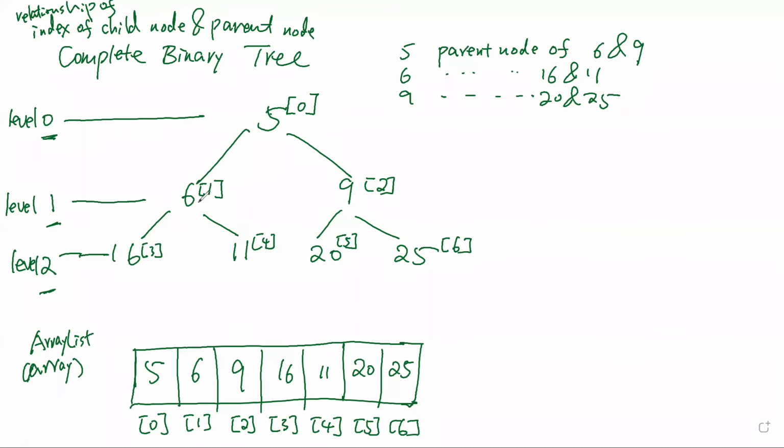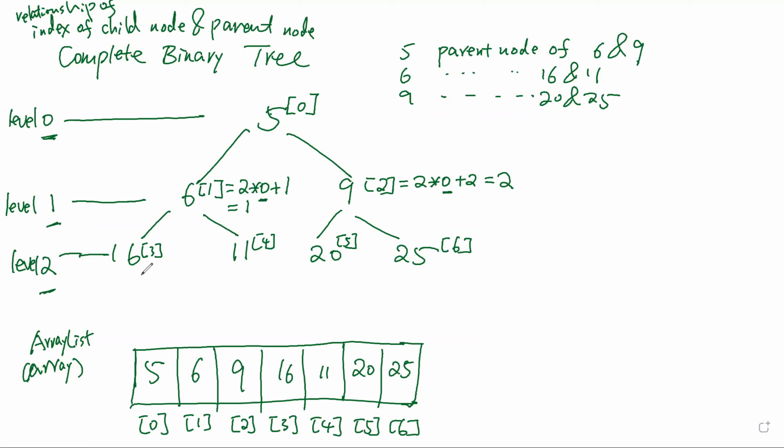This is 0, and this is 1. I can rewrite it as 2 times 0 plus 1, so it is 1. And for this one, I can write 2 times 0 plus 2, and it is 2. So here is the parent node's index.